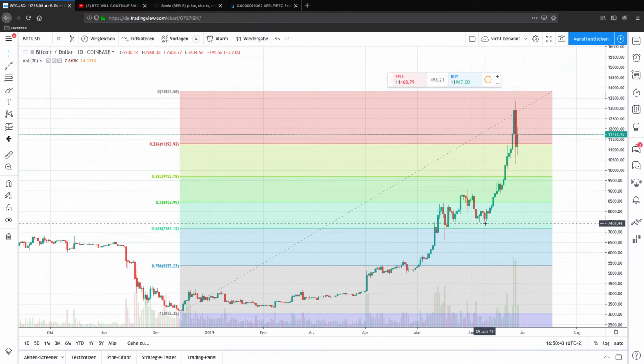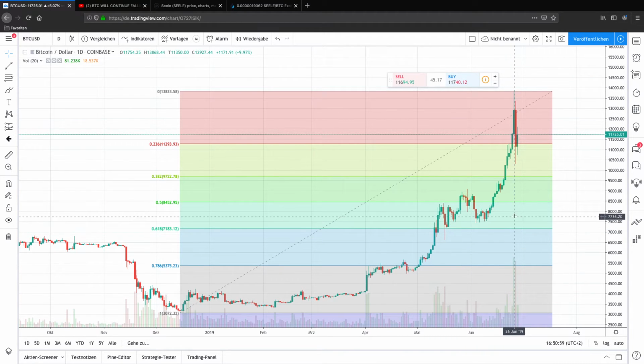And when you look where this low is at, you can see that this is by nearly $7,400. So I expect Bitcoin not to fall lower than this one. I think that it is more likely that we will reach somewhere at this area right here.